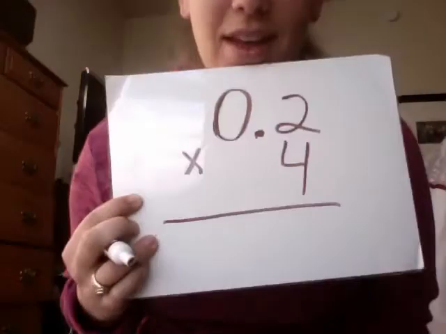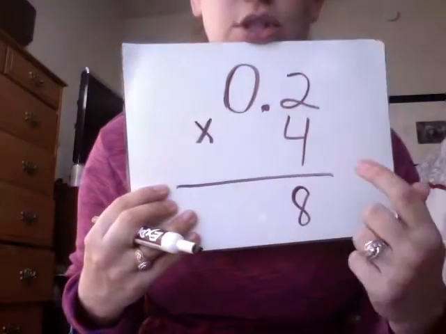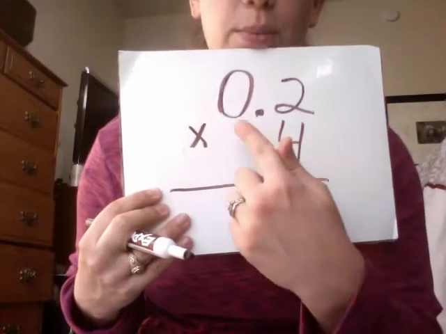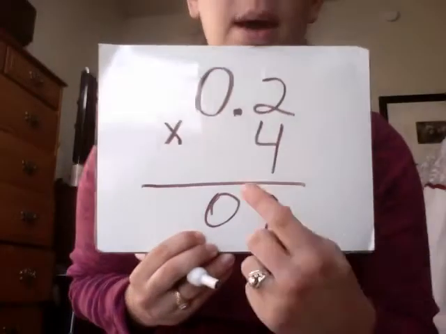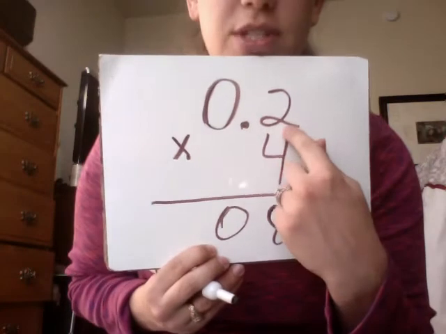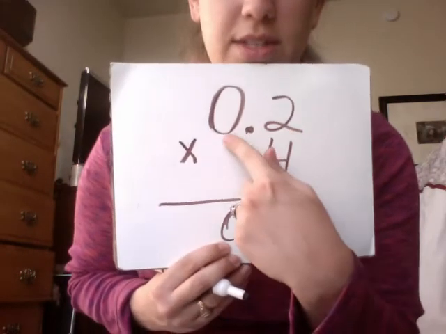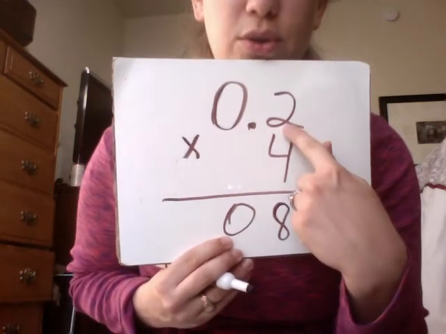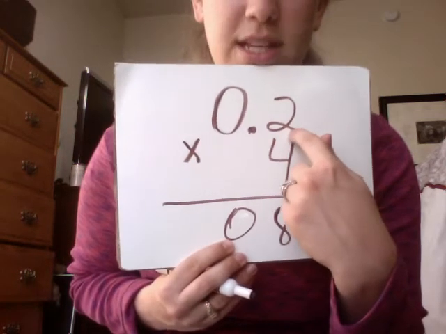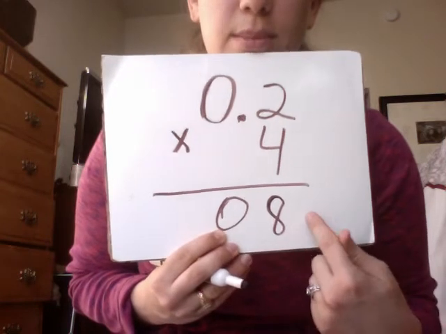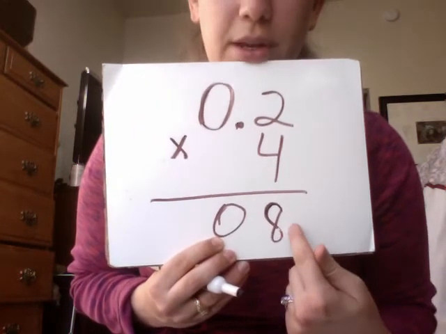Okay. We'll multiply 2 by 4 first, so 2 by 4 is 8, and then we'll multiply across. So 0 times 4 is 0. Here, however many numbers are to the right of your decimal place. So we have a decimal here, however many numbers are to the right. So here I only have 1 number to the right of my decimal place. That's how many numbers I'm going to go here.